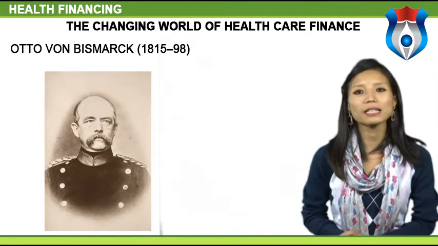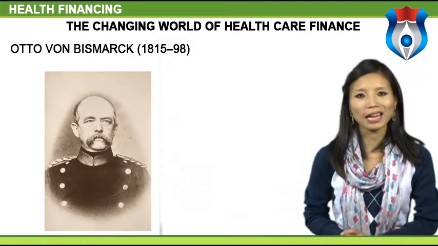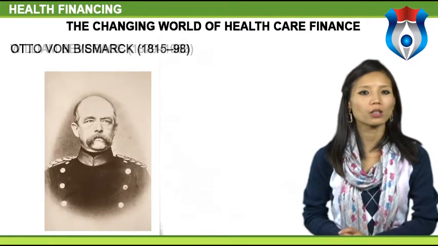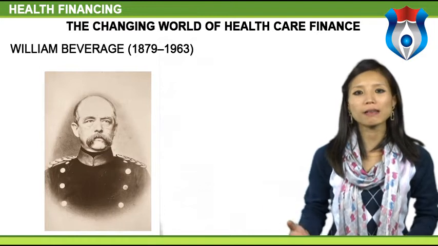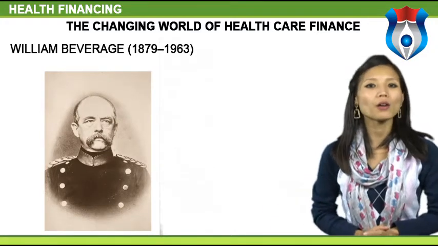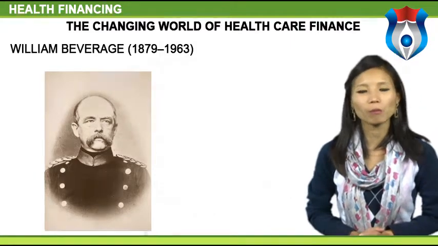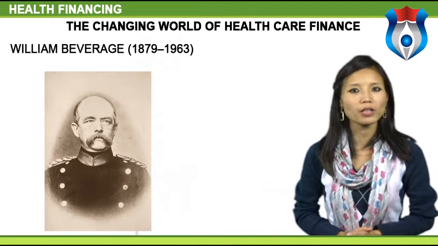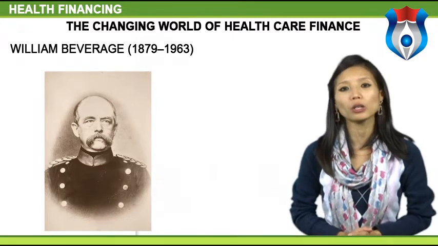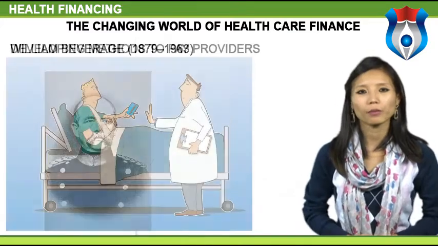Bismarck introduced in 1883 a plan based on compulsory insurance protecting workers against accident, sickness and invalidity. William Beveridge, 1879 to 1963, British economist and architect of the British welfare state. The Beveridge report proposed a tax-funded plan to provide full preventive and curative treatment to every citizen of the UK, leading to the foundation of the NHS in 1948.